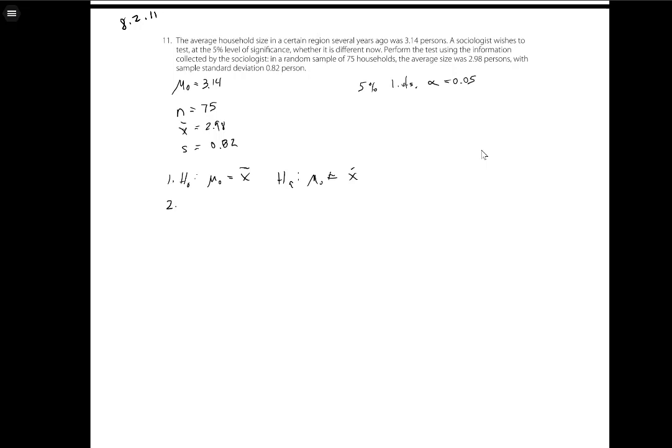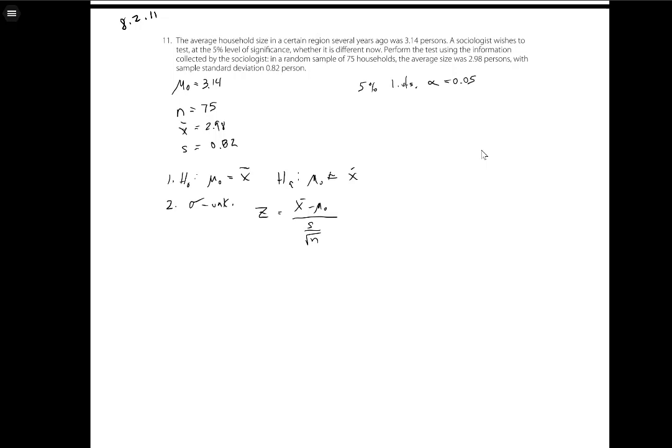In this case, our standard deviation is unknown, so we use the test statistic z being x bar minus the mean of the null hypothesis, divided by the sample standard deviation divided by the square root of the sample size.